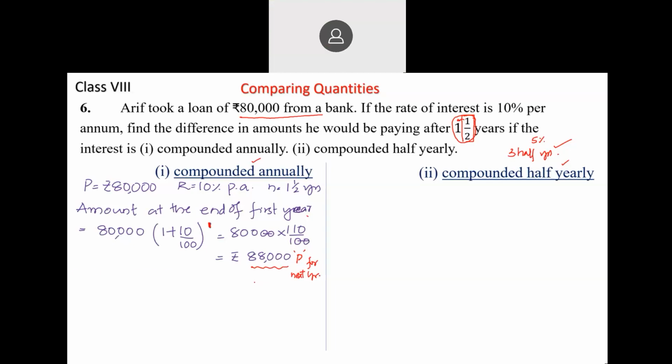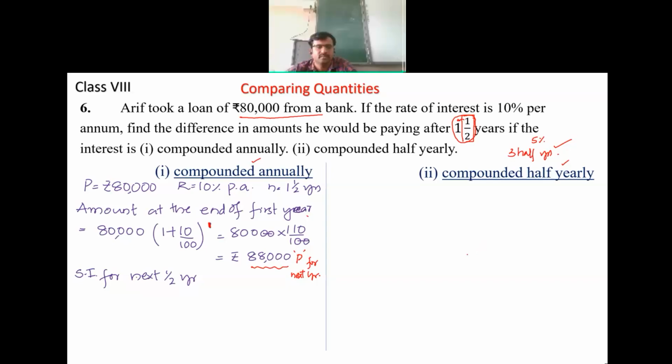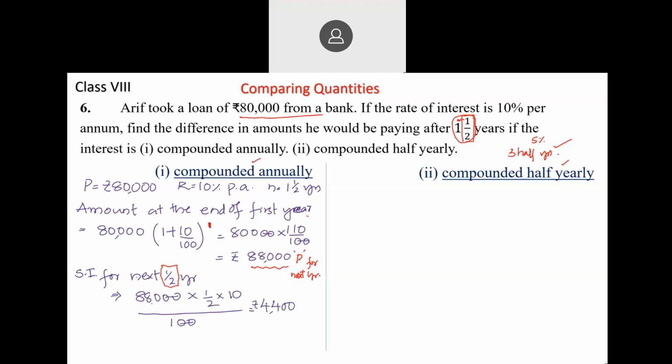Sir, we can use 80,000 into 10 into 1 by 200, instead of that we use PTR by 100. T is taken as 1 by 2. So P into T is taken as 1 by 2 into 10 divided by 100.